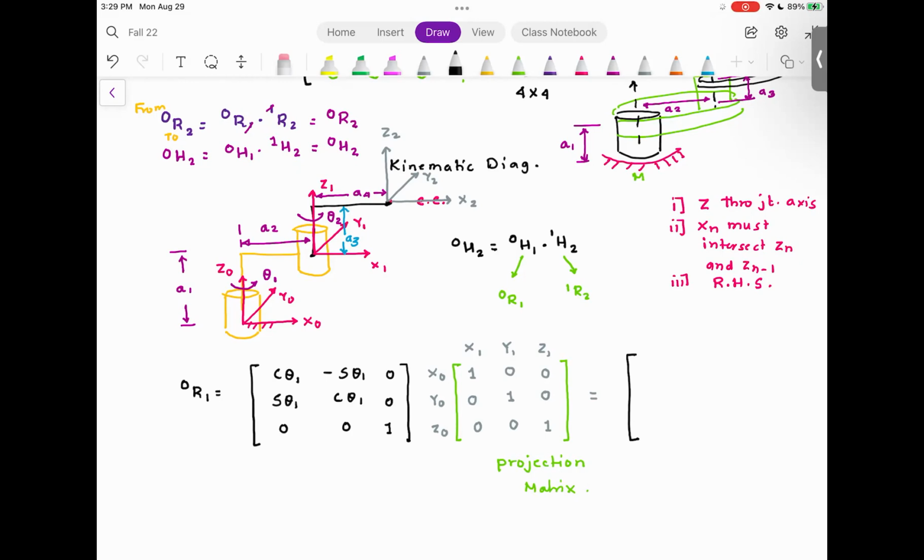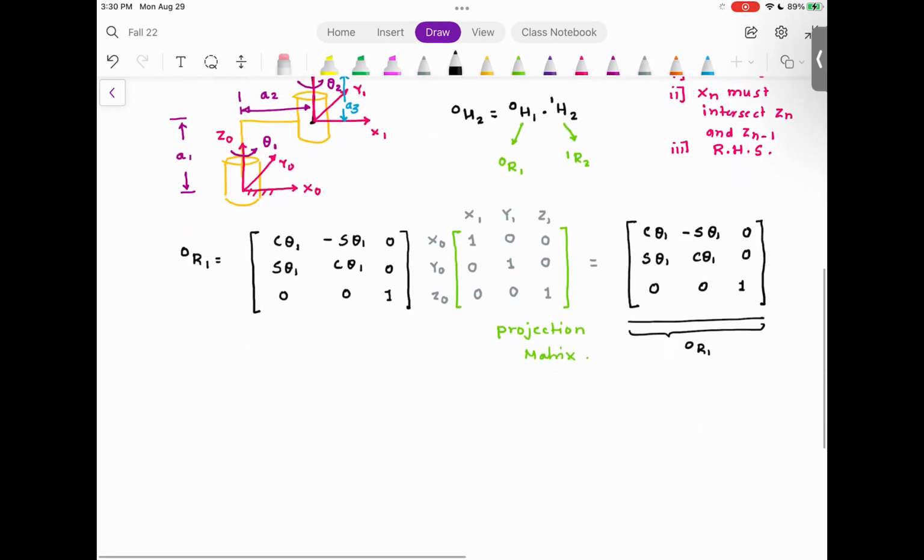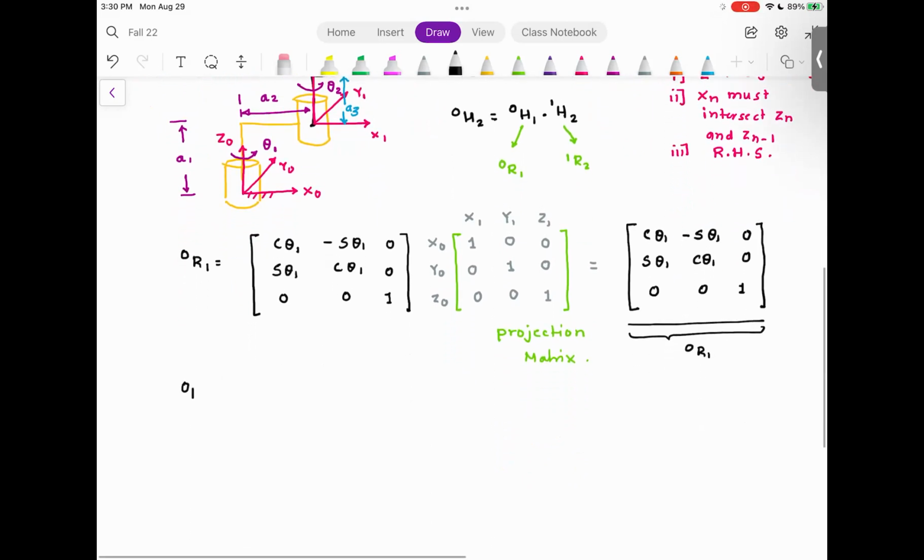The alignment matrix is identity, so I'm going to get the same thing: cosine theta 1, minus sine theta 1, 0, sine theta 1, cosine theta 1, 0, 0, 0, 1. Are you with me? This is my final 0R1. This is the 0R1 that we have to use when we find 0H1.